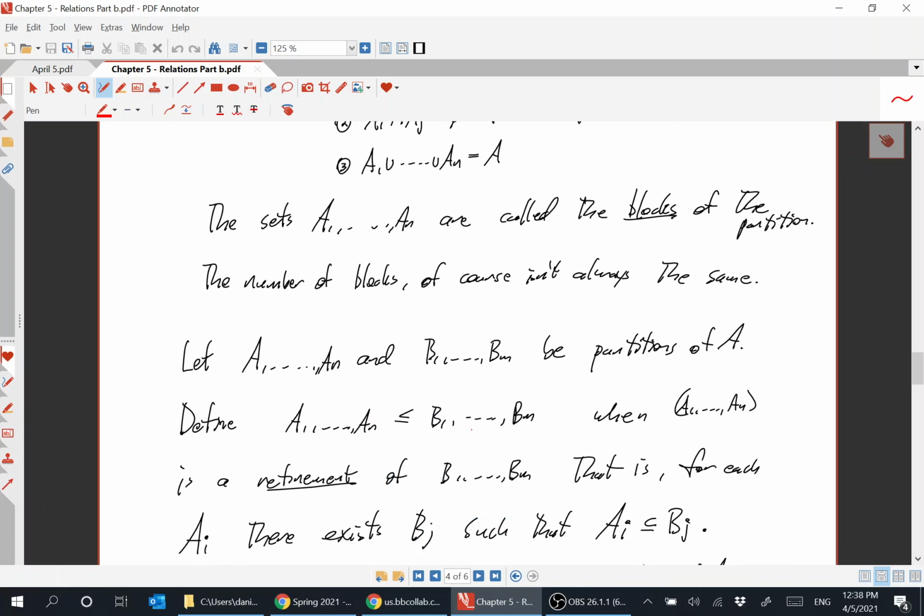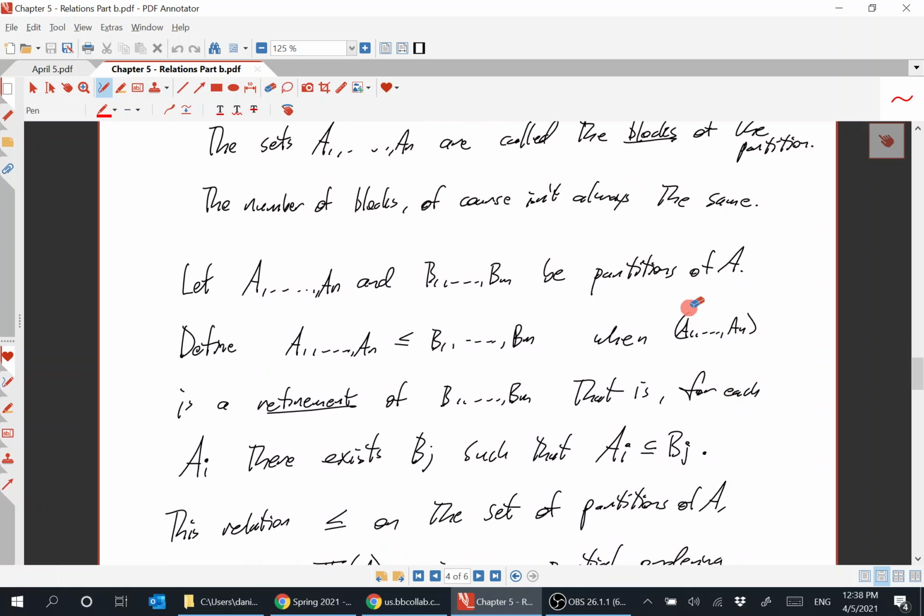So we define a relation on partitions by refinement. So partition A1 to AN is less than or equal to partition B1 to BM when A1 to AN is a refinement of B1 to BM.